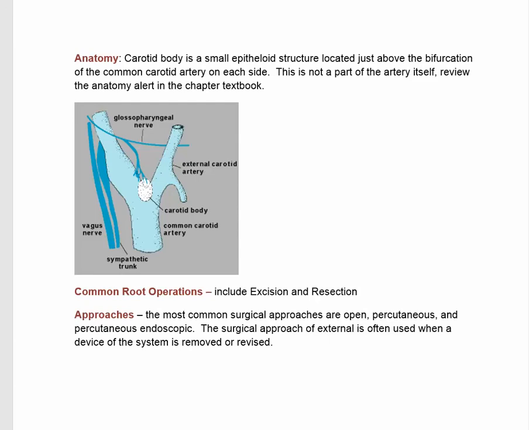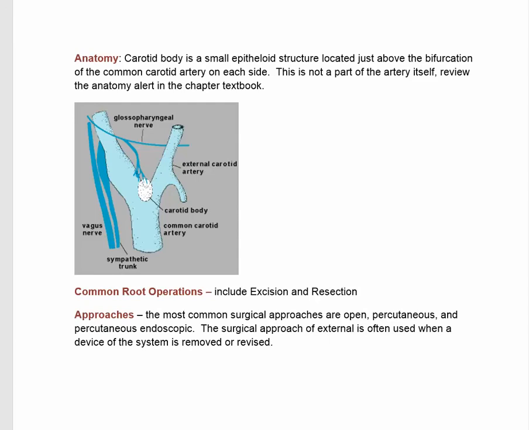So another example, if a patient had their entire left thyroid lobe removed due to a mass or surgery or cancer, the removal of the entire left thyroid lobe would equate to resection, because that lobe is considered one distinct body part. So it's important that you are understanding the difference between excision and resection, because those are two of the most common root operations that relate to the organs of this particular system.